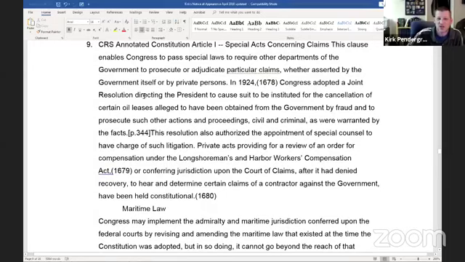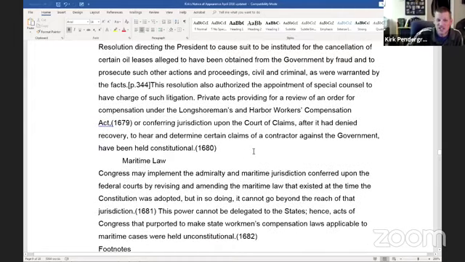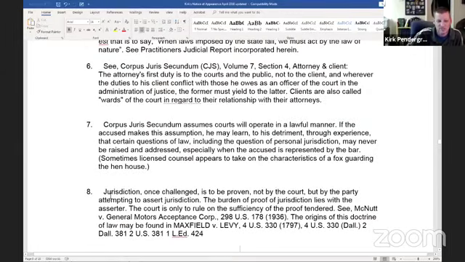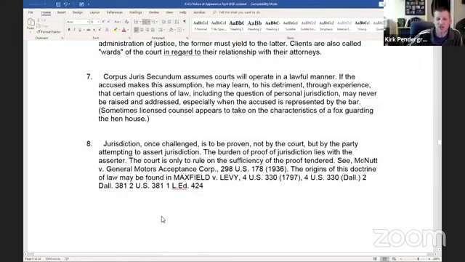Congress adopted a joint resolution directing the president to cause suit to be instituted for the cancellation of certain oil leases, blah, blah, blah, blah. This is just some weird stuff that I found in there. Basically, you just need to stick to the demand for proof of jurisdiction. Right? There's some other stuff out there aside from this one. But this tells them, look, I'm demanding proof of jurisdiction.